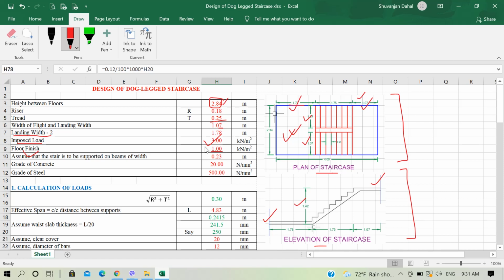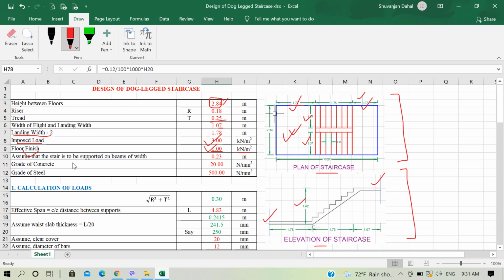You may use different types of tiles, marbles or granite, and you can find the unit weight of those materials and then multiply that unit weight with the thickness of the floor finish that you are going to use, and then calculate the floor finish load in kilonewton per meter square. For this purpose, I have only assumed floor finish to be 1 kilonewton per meter square.